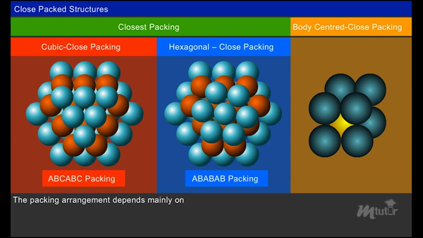The packing arrangement depends mainly on two factors, such as the radii of the atoms and the type of the bond. After having understood the various packing arrangements, let us now understand the density of packing, also called the packing factor.